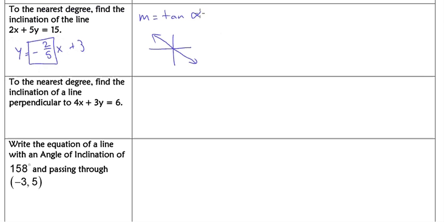Now, if we have that there, and we want to figure out what is the slope, so we've got the negative 2/5 equals the tangent of alpha. And so we're going to take the inverse tangent. So inverse tangent of negative 2/5 is equal to alpha.